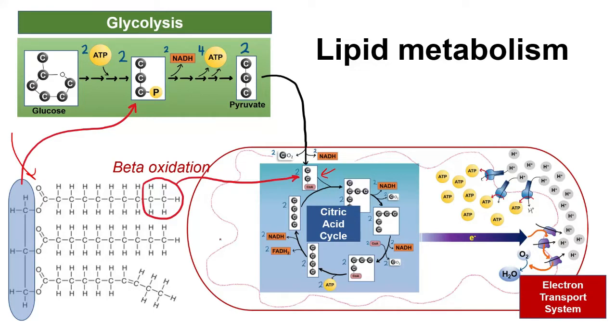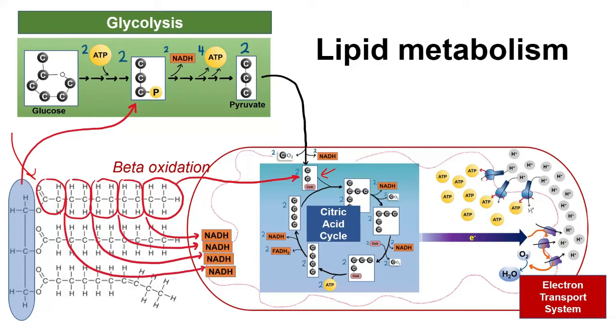The process of breaking down these fatty acid chains into these 2-carbon bits is known as beta oxidation. So we keep doing that. This also gives us some NADH, which we can then use to drive the electron transport system. So that's why lipids give us so much energy.